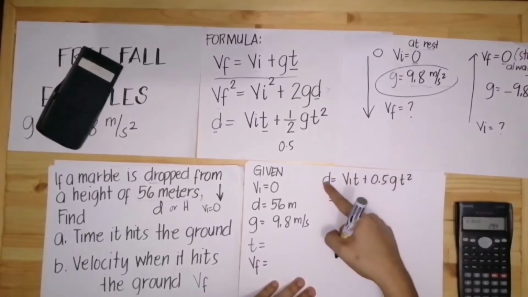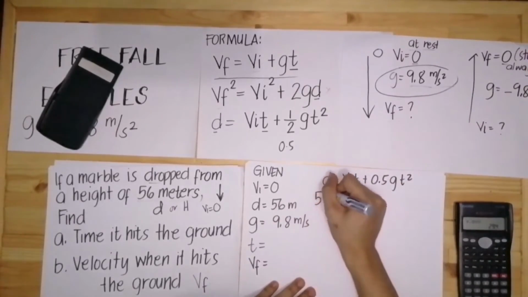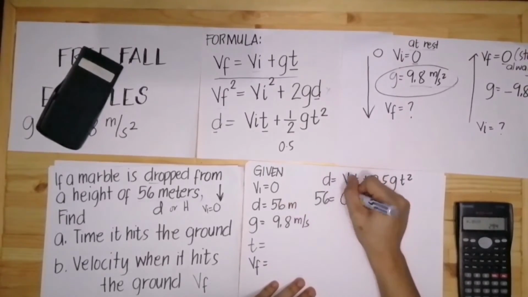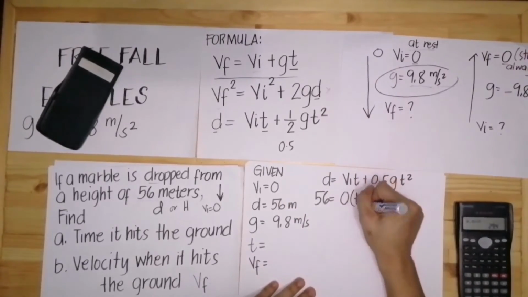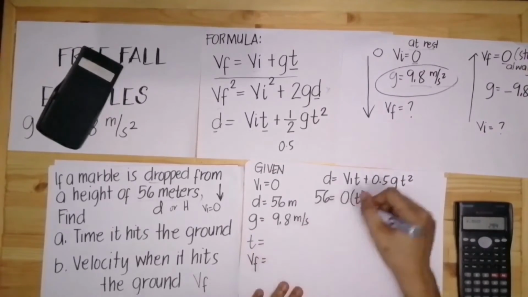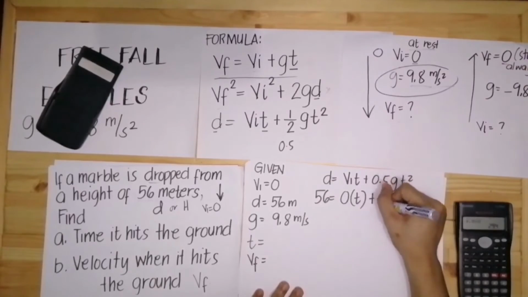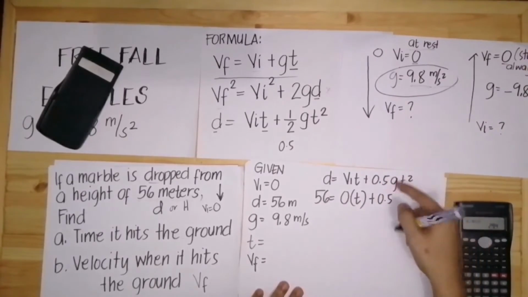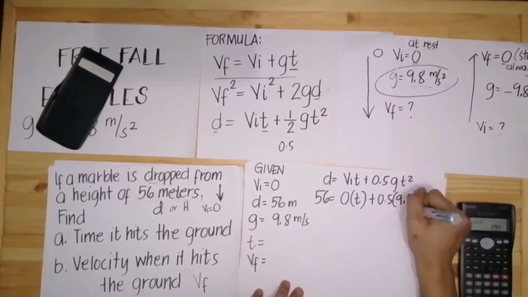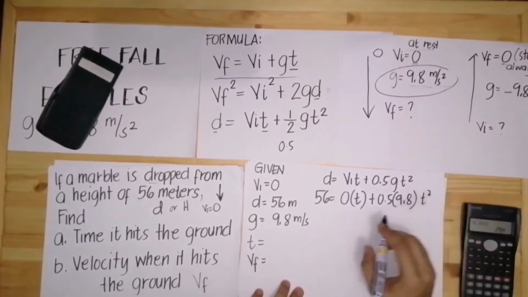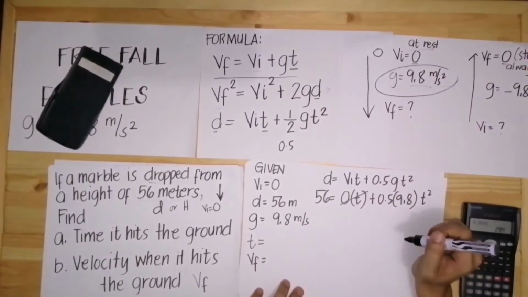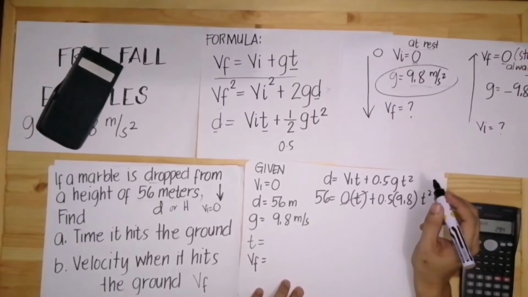Palitan natin. D is equal to 56. Isolated siya. Same D. Then VI is 0 times the time. Wala tayong time, kaya lagay lang natin time. Plus 0.5 times gravitational acceleration is equal to 9.8, then time squared. Kapag yung 0 may katabing value, cancel sila kasi that is already equal to 0.